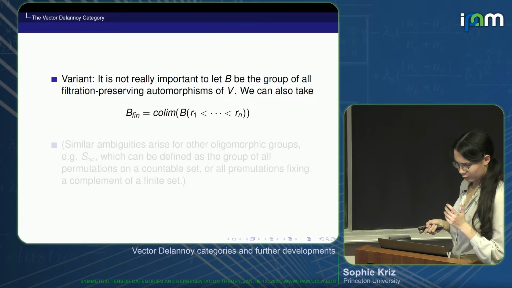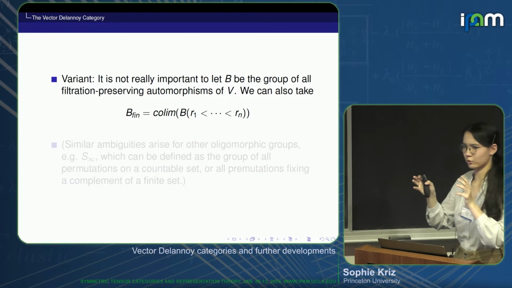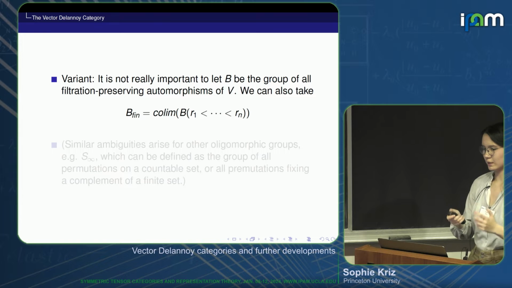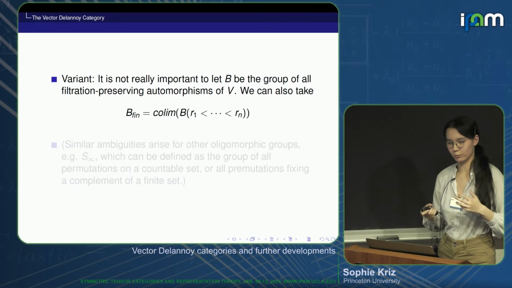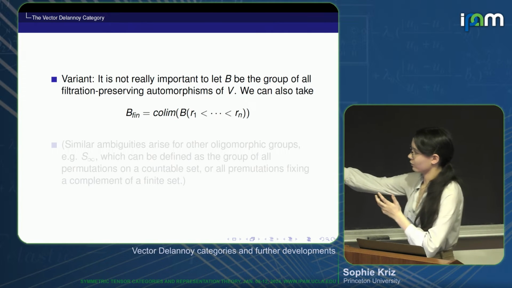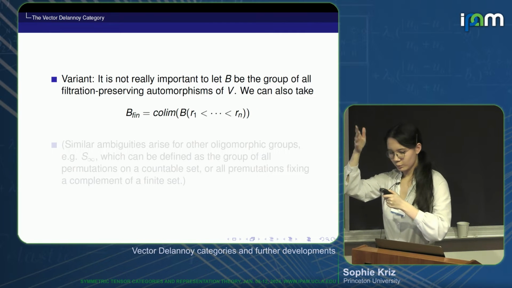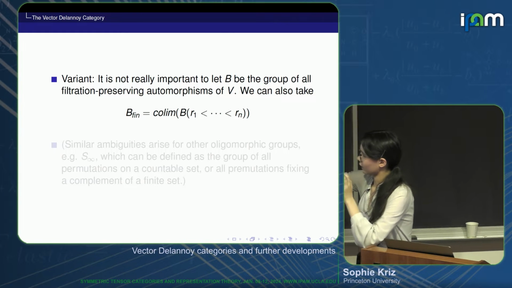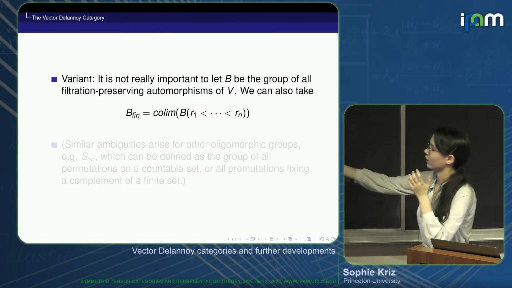Before I say anything else, I'd like to touch on a point which has been recurring in some of the previous talks on these oligomorphic groups, which is that it's not really important to let B be the subgroup of all these filtration-preserving automorphisms of GL of V. We can take, for example, this finitary version where we look at the colimit of the Borel subgroups of GL of these subspaces of V, which are generated by the basis elements in some chosen degrees R1 up to Rn.